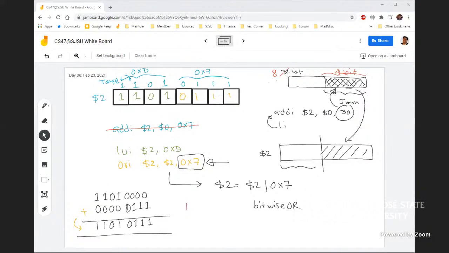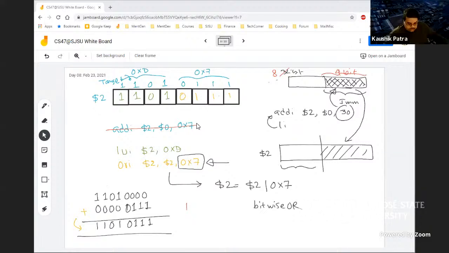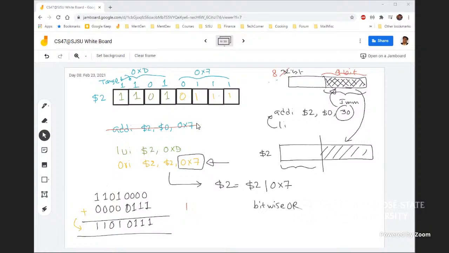I didn't say to add hex 7 to the value at $2. Like the first ADDI instruction that you wrote, ADDI $2, $0, 0x7. Over there, what I'm assuming is happening is 0x7 is added with $0, and that result is being stored in $2. Right? So can't that instruction be used after load upper immediate?